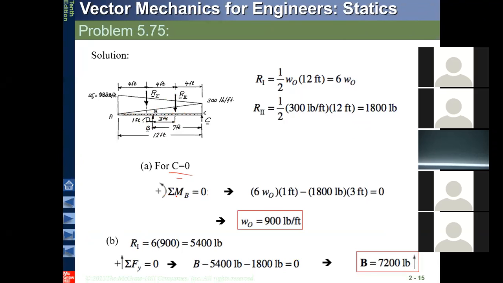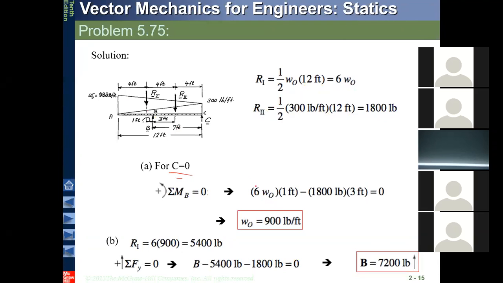So let's find the moment around point B. Well, we know that the resultant of the force for the top triangle, for the first triangle, is 6 W naught, and R2 is 1,800 pound.